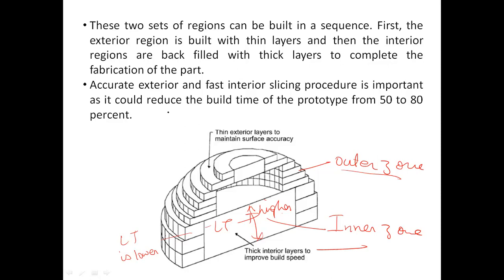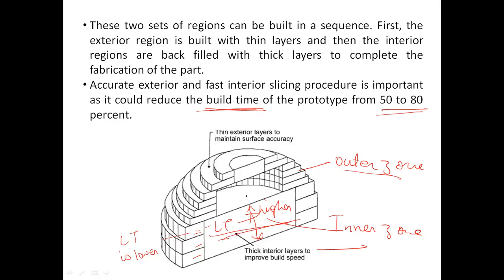Advantage, definitely, as I said, the whole advantage is of build time, which can be reduced up to 50 to 80%, because here also you can see there are three layers and there is a single layer. So a lot of time is definitely going to be saved when you create with a higher layer thickness.